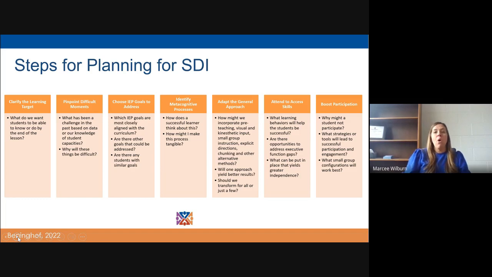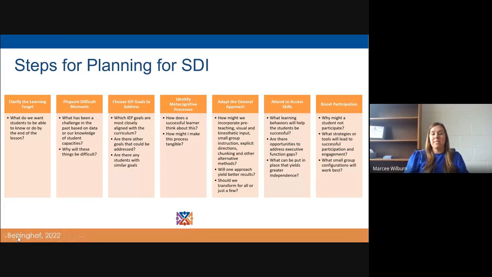So think about what's going to make this student be successful within this lesson and how do I help them understand it? So if they're not going to go back and reread that paragraph and they're going to finish a whole chapter and not be able to tell you anything about that chapter, how do we stop them? Do we give them Post-it notes and say after every paragraph, you stick a Post-it and tell me what you read? That's a metacognitive process that you're making more tangible for that student.